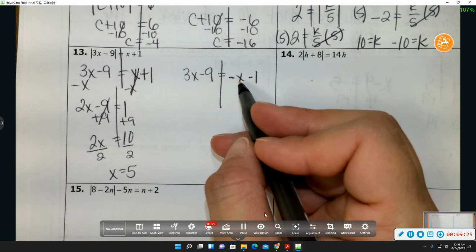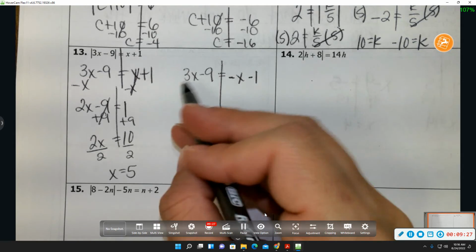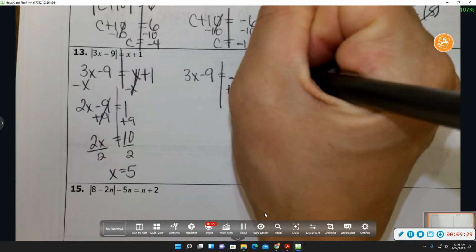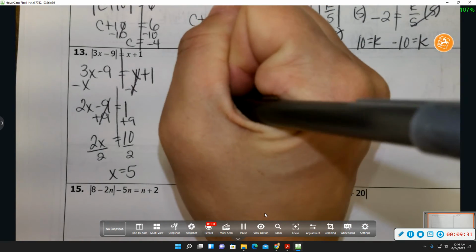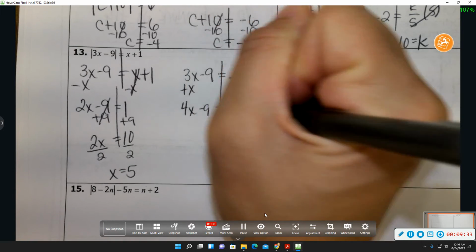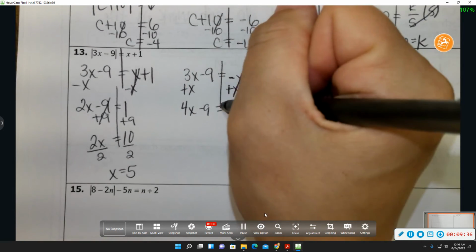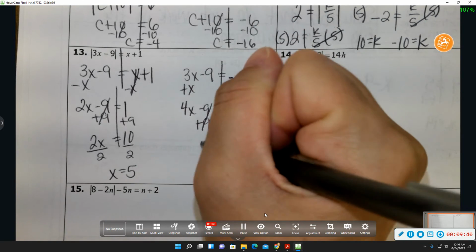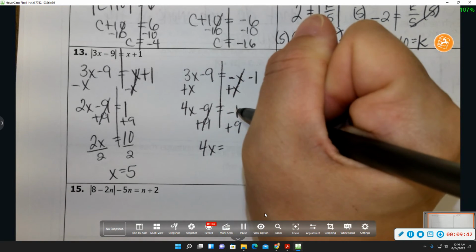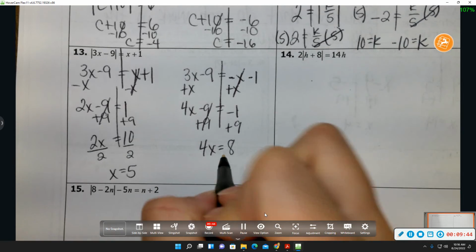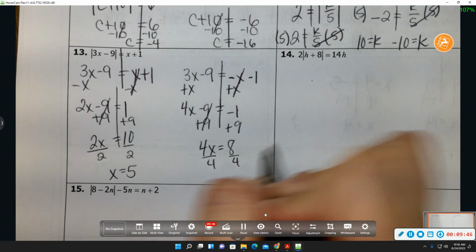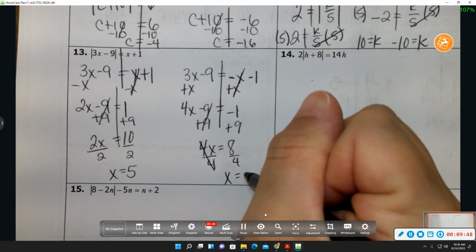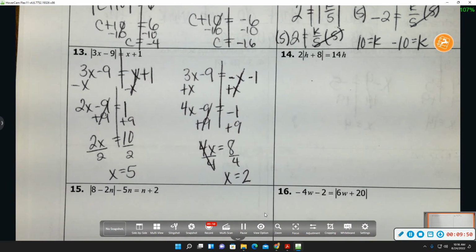Same thing over here. I'm going to move my x to the left, so to move negative x, I'm going to add it. That gives me 4x minus 9 equals negative 1. Then I add 9 to get rid of that. Negative 1 plus 9 is 8. Divide by 4. x is equal to 2.